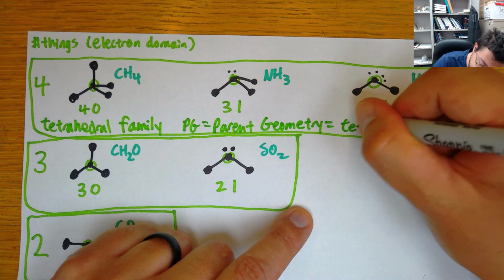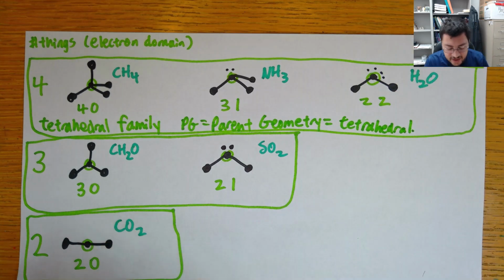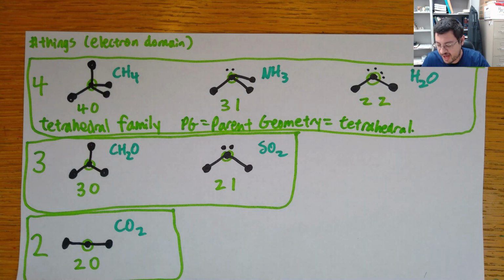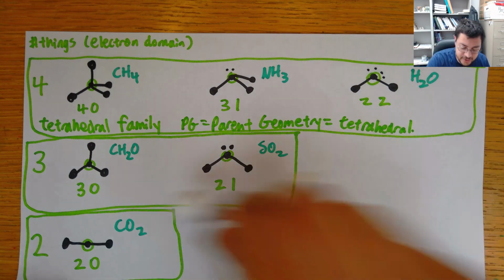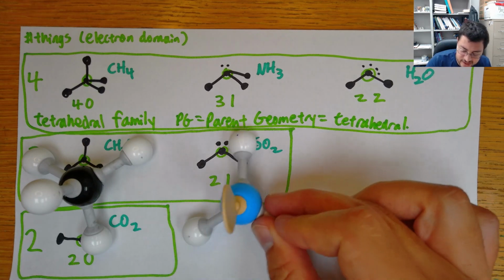And that would be tetrahedral. So everything in here has a geometry that's called a tetrahedral geometry, having 4 things on it. Let's build the other molecules in this tetrahedron family, or I already did that.